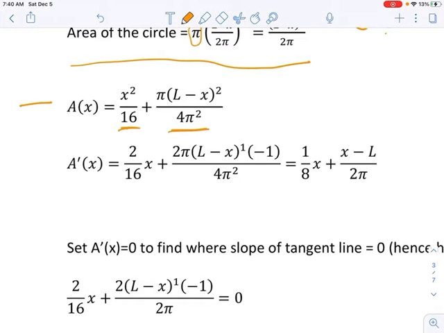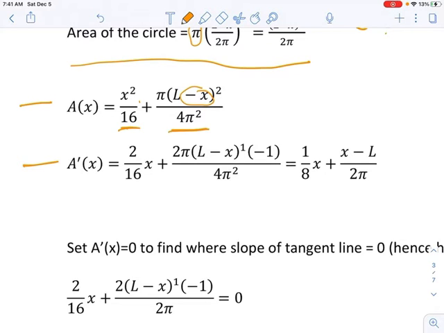So the first thing we want to do when we're trying to maximize is take a look at the derivative. So we take a derivative here. This is going to be 2 times x over 16 to the 1. And then here we have 2 times (L minus X) to the 1 times, don't forget the derivative of what's inside. The derivative of that is negative 1, over 4 pi.